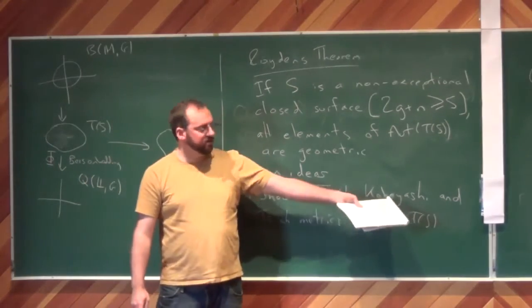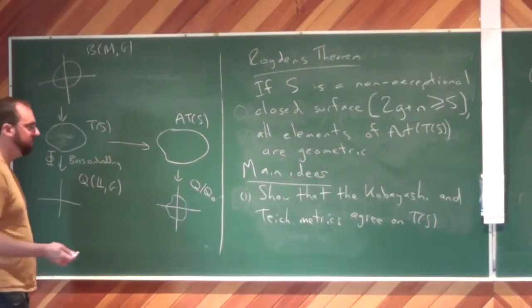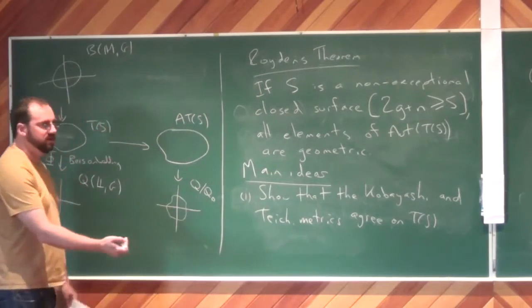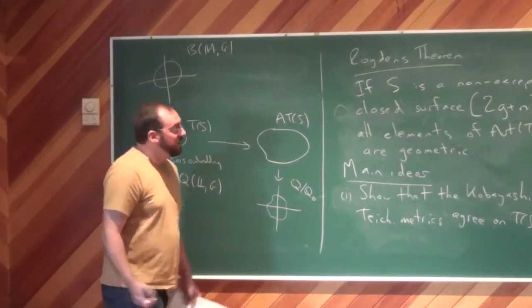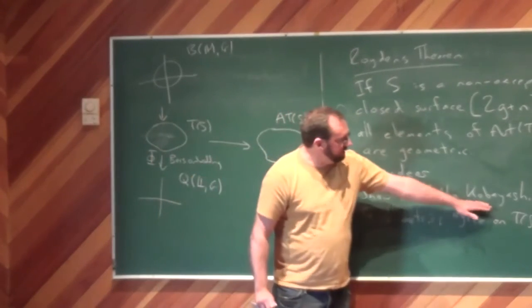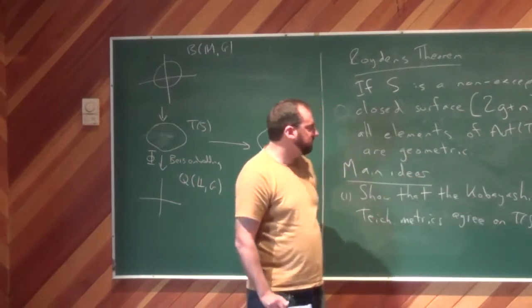And the Kobayashi metric is the largest pseudometric that you could put on a Banach manifold so that holomorphic maps are distance decreasing. I won't say more than that. But for example, the Kobayashi metric on a hyperbolic surface agrees with the hyperbolic metric.